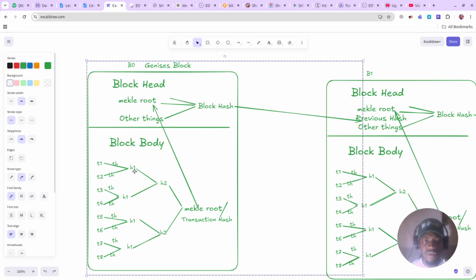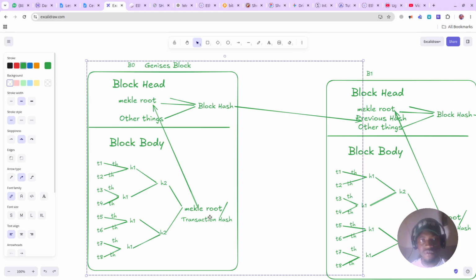These two now are combined to produce this hash again. These two again are also hashed to produce this hash. Then you can see we now have these two hashes existing in this whole block. Now, two of them are hashed to produce what is known as the Merkle root or transaction hash.